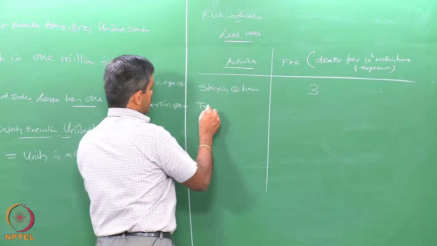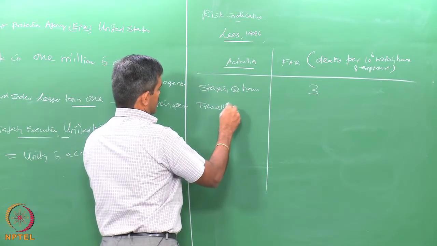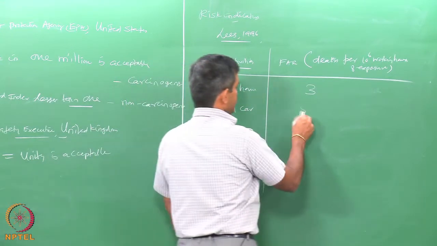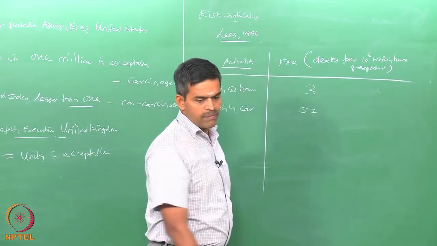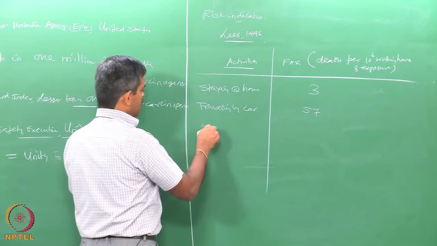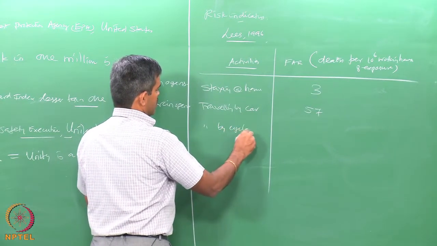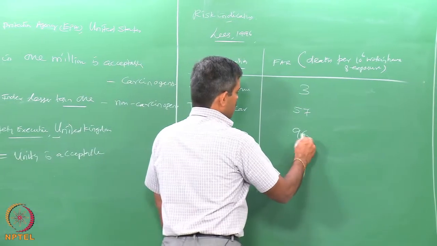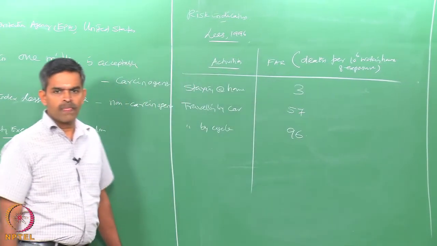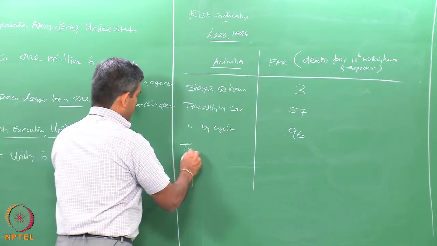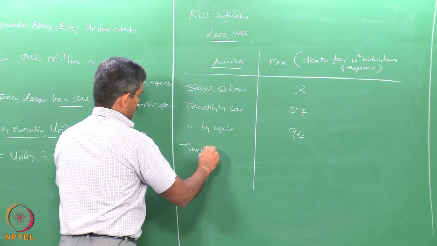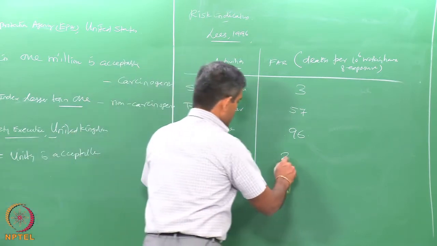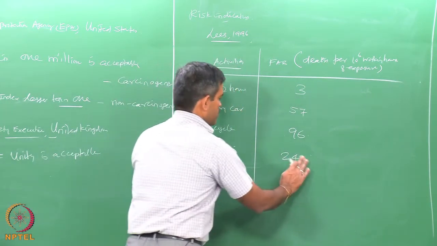Travelling by car, FIR is slightly higher, it's 57. Travelling by cycle, a day-to-day activity, FIR is higher still, 96. Travelling by air, FIR is still higher, 240.